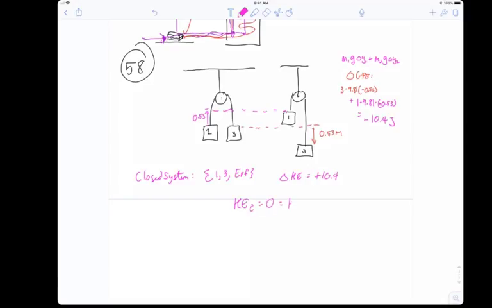So KE final is equal to 10.4 joules. And we want to know the block's velocity. So there's two blocks and there's two velocities. But here's the thing. They gotta go at the same speed, because the speed this one's going up has to match the speed that this one's going down. Does that make sense?